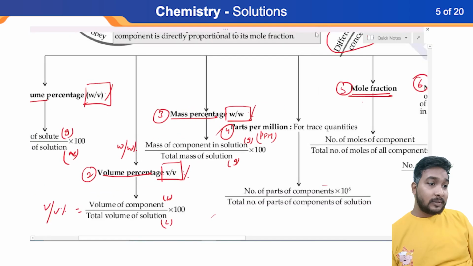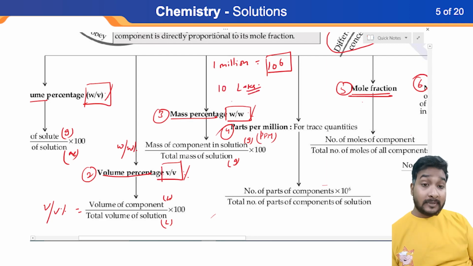According to the Indian calculating system, 1 million is equal to 10 to the power 6, sorry, it means 10 lakhs. So what is the meaning of 1 million, or what is the meaning of parts per million?